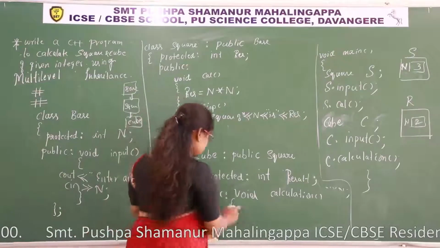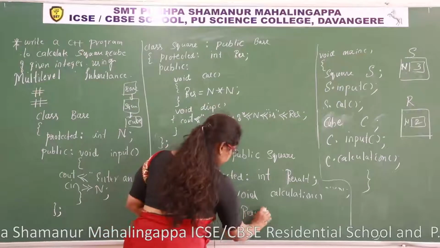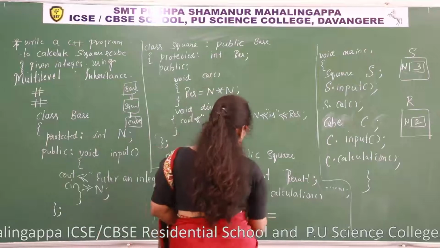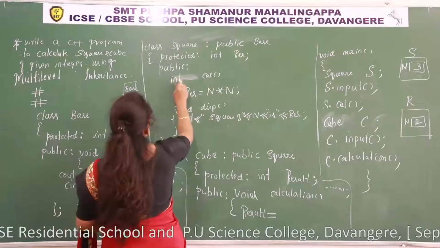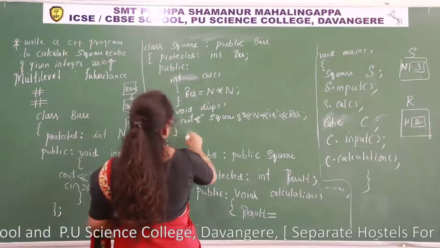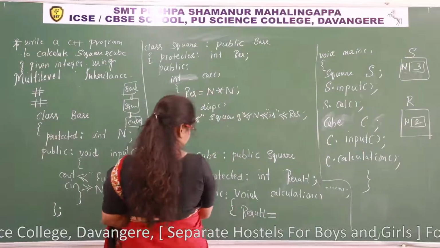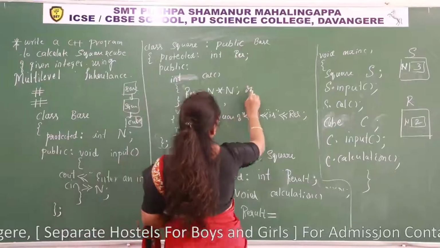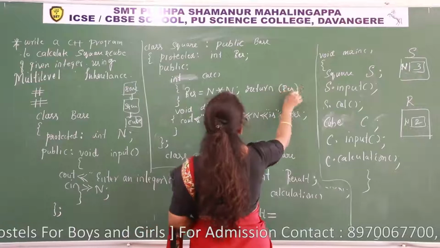I can write like this, result is equal to. I can write like this, I'll return a value here, return res. In this way I can implement here.